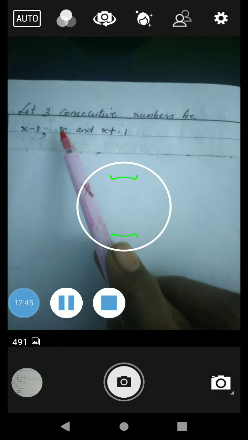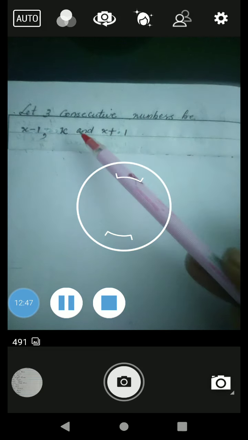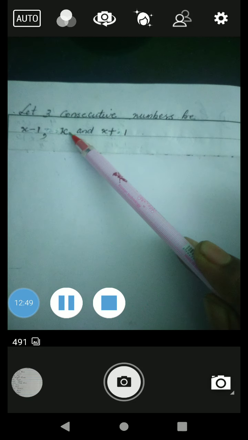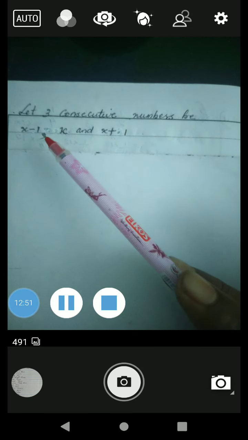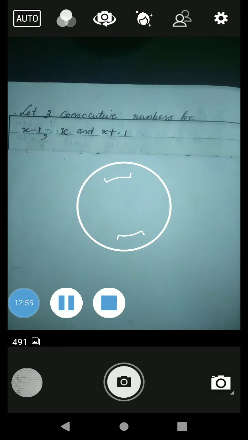That is the question. Here it is given the middle number. Middle number is x. Therefore, we can assume 3 consecutive numbers are as x minus 1, x and x plus 1. Usually we are using, suppose 3 consecutive numbers be x, x plus 1 and x plus 2. But in this case, it is given the middle number is x.